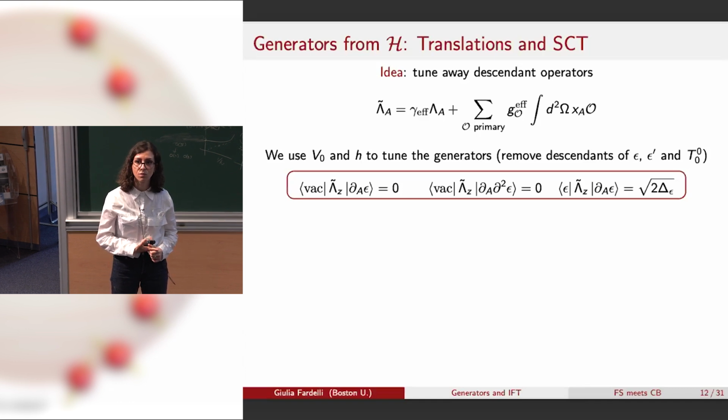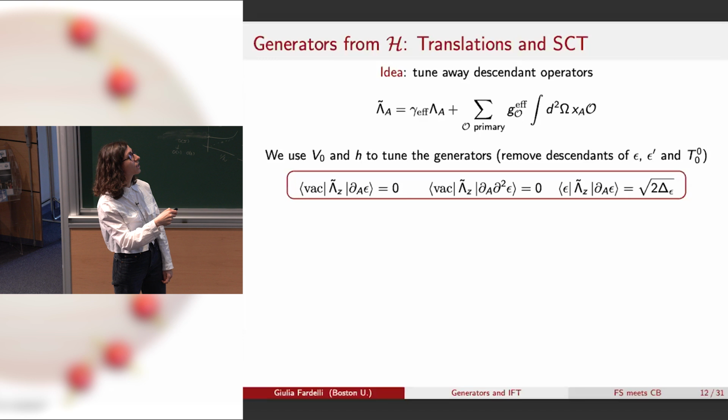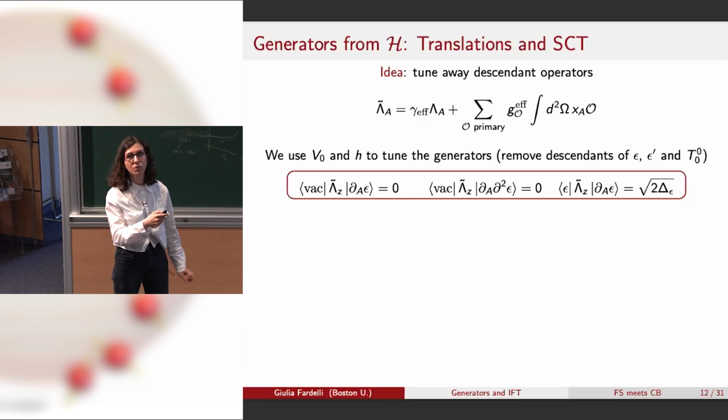Yeah. Can you explain again why you are now changing those to realize the specific P plus K that does the best job? That's part of Liam's point: since you are deforming by the descendants of the same operators that you tuned to fix the spectrum, you're still allowed to move V0 a little bit. It's not that you're moving them by a lot. But if you recompute the spectrum of the Hamiltonian.